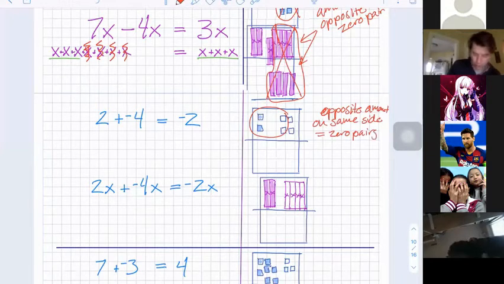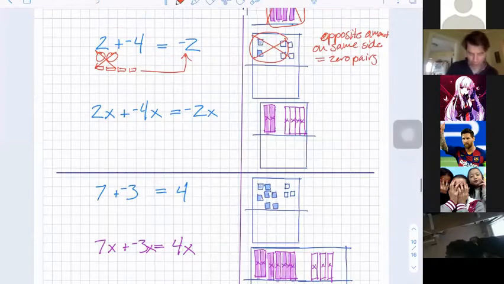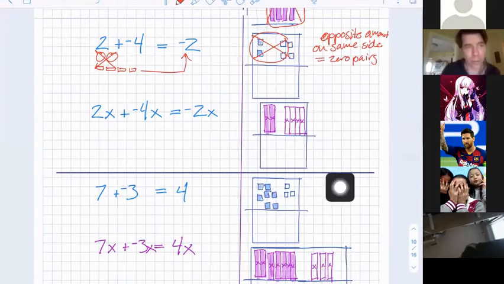So this amount is still the same too. If I was to do 2 plus -4, it would be balloon plus balloon, and then stick plus stick plus stick plus stick. Those cancel out, and I'm left with -2. It's the same. That's how this process works. And then we have 7 plus -3 equals 4, and 7 plus -3 equals 4. I'm going to let you guys figure that out in a little bit.